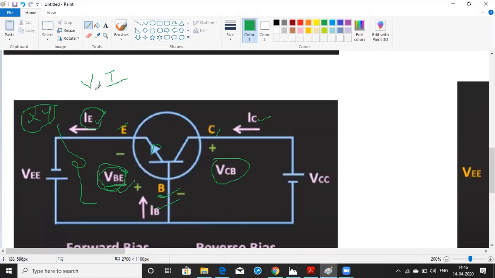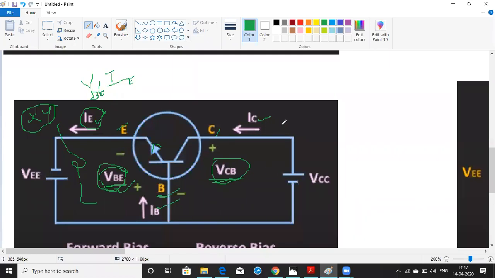So we need to draw the input characteristics for a common base configuration between the base emitter voltage and the emitter current. The y-axis we indicate with the emitter current, the x-axis with the base emitter voltage, considering the collector base voltage as a constant. When you're drawing the input characteristics, you need to consider the collector base voltage as a constant.